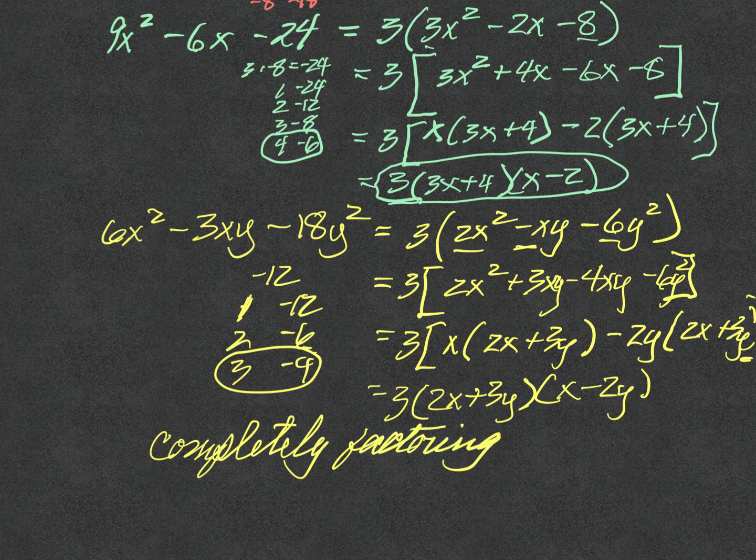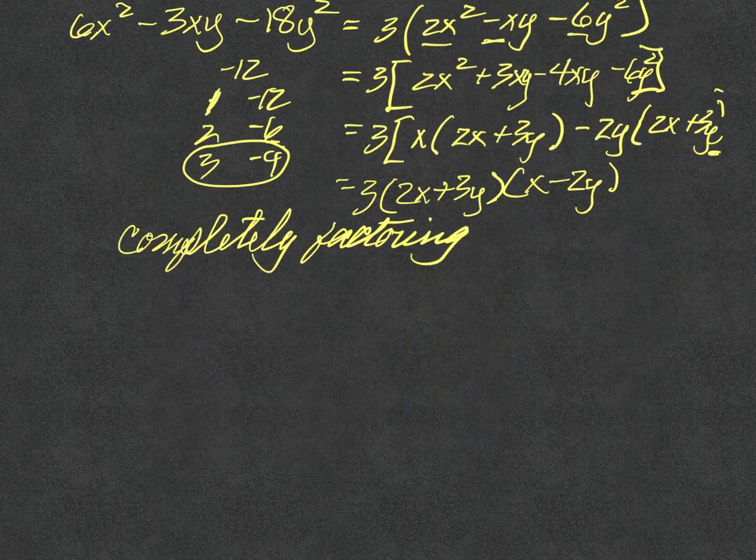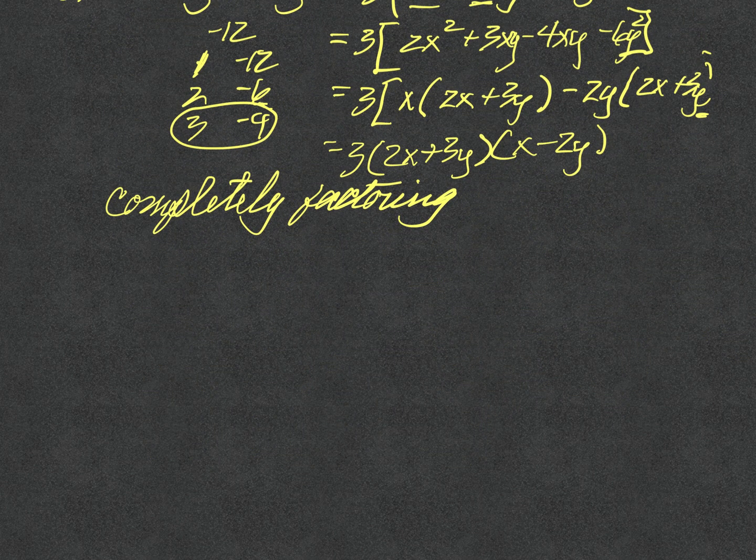All right. And we are going through that list that I gave you. We look for greatest common factors first. Number two, then we look at two-term polynomials.